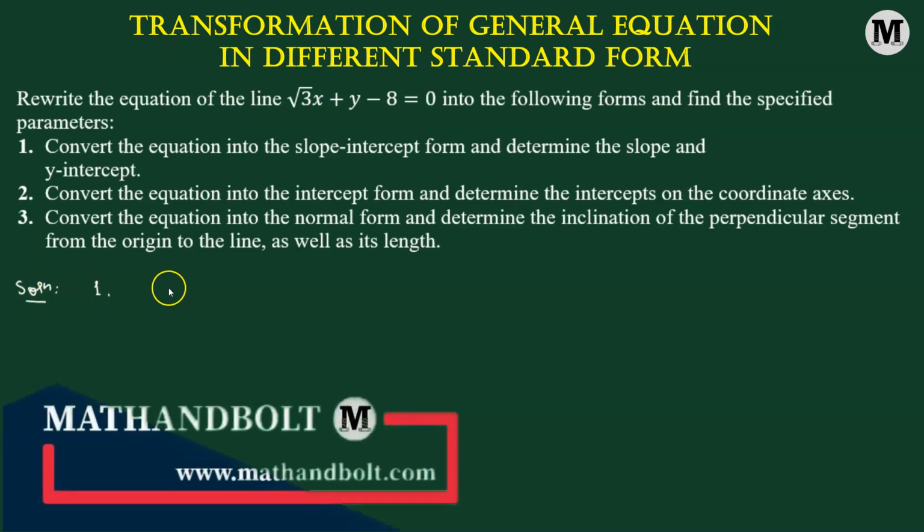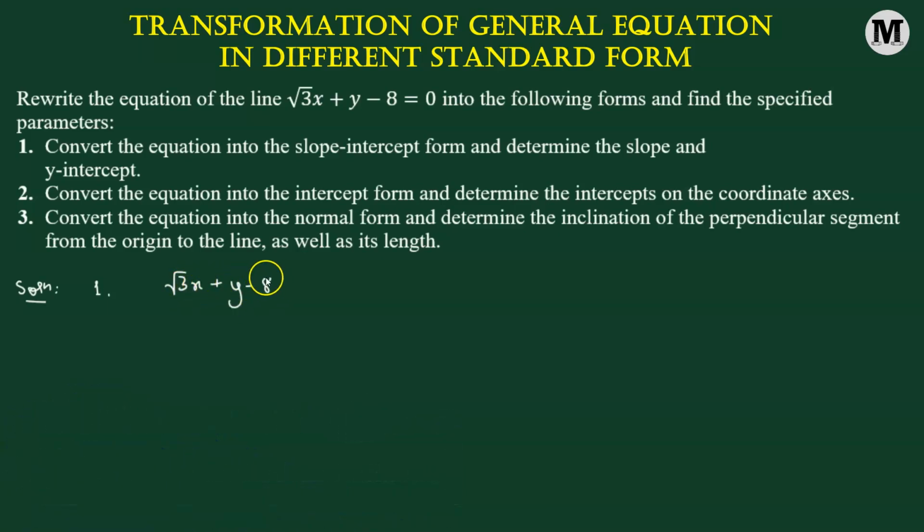So here we have the equation given by square root of 3 times x added to y minus 8 equals to 0. So what we'll do, we're going to keep y as it is on the left hand side, but we're going to transpose the first term and the third term to the right hand side. So that is going to give us negative square root of 3 times x added to 8.